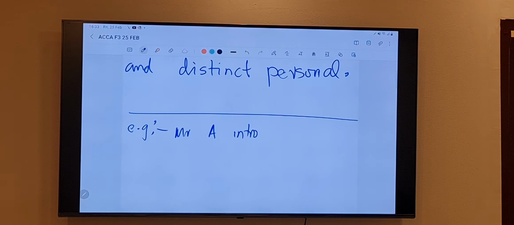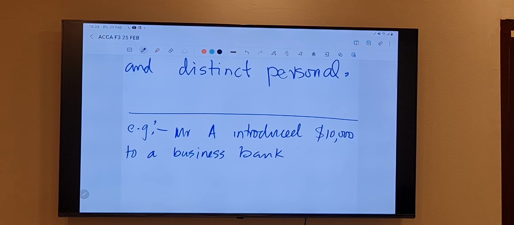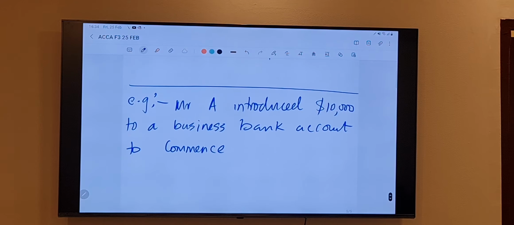Mr. A introduced dollars. By the way, in ACCA studies, we are using dollars as currency. Mr. A introduced 10,000 dollars to a business bank account to commence a vegetable outlet.